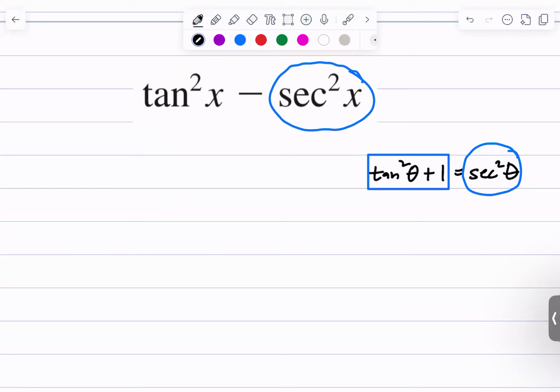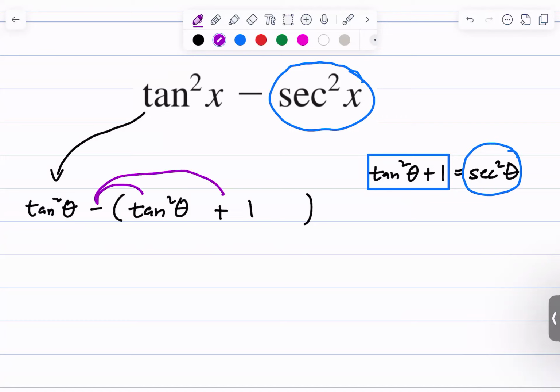So I have tangent squared theta, this one, minus tangent squared theta plus 1. Distributing out the negative, that's negative tangent squared, minus 1.